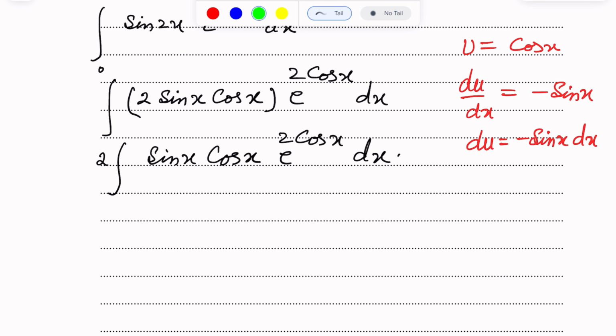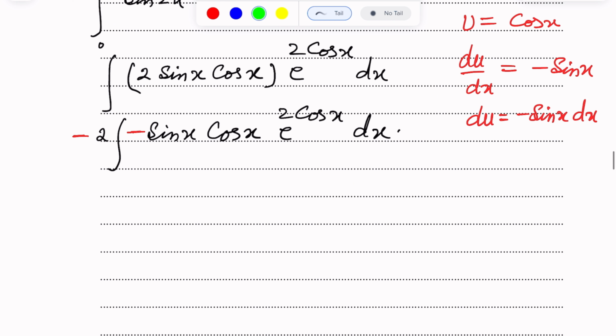So we are multiplying to bring a negative sign here. We will write it as negative sign, negative, negative become positive. So no change in the function.